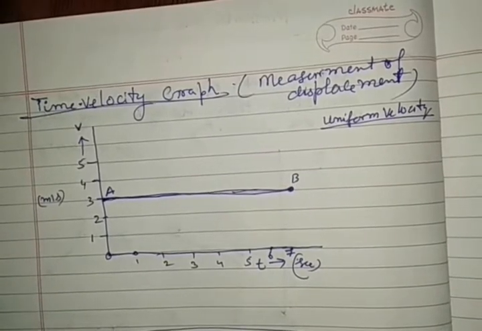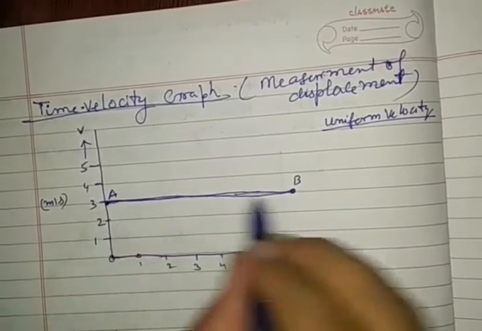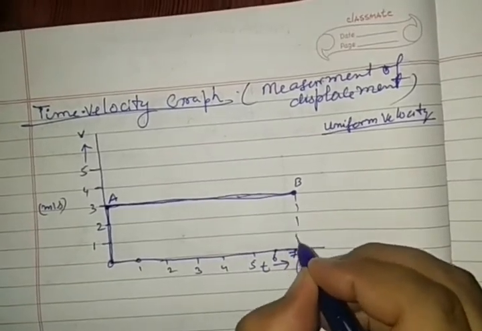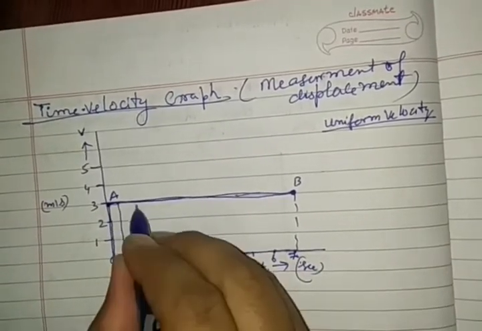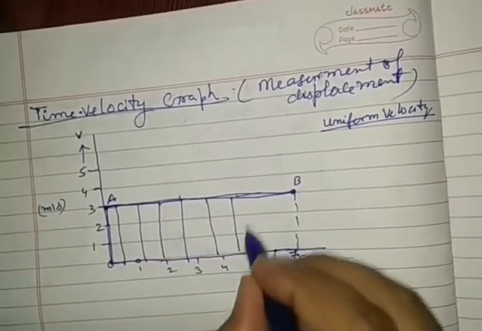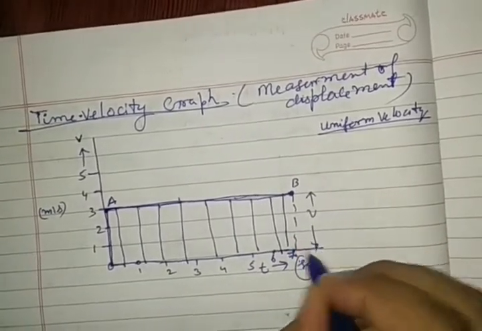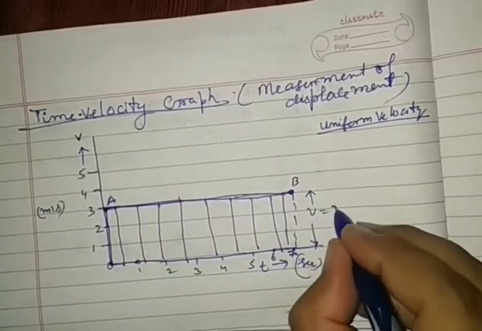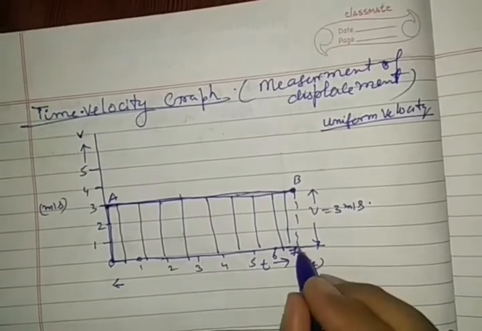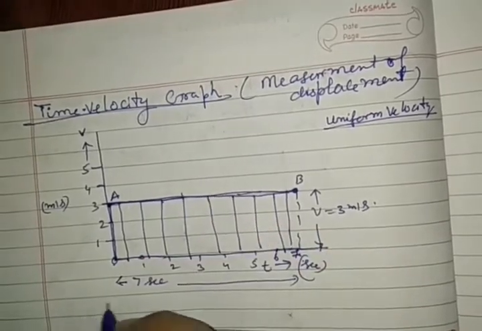Second, if you determine the area when it is moved from here to here, see, on the velocity axis it is 3 meter per second, and on the time axis it is from 0 to 7, it means it is 7 seconds. So it is a rectangle.